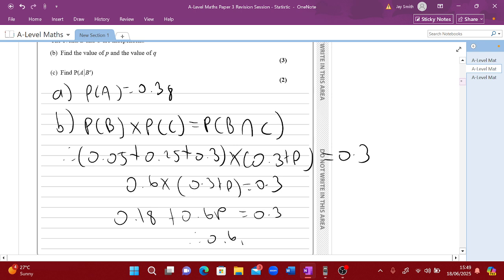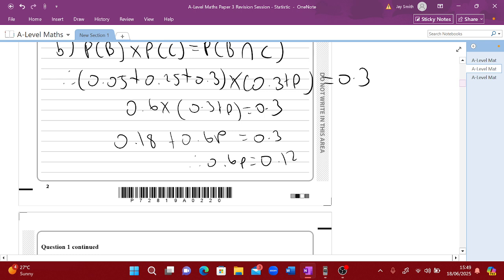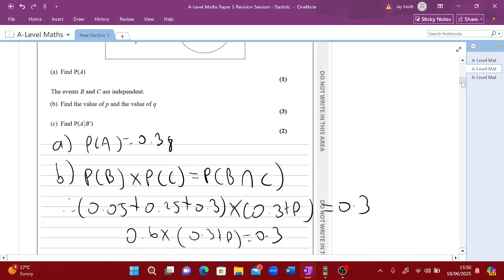Therefore, 0.6P is 0.12, which is 0.3 minus 0.18. Then simply P is going to be 0.12 over 0.6, and that will give us 0.2.